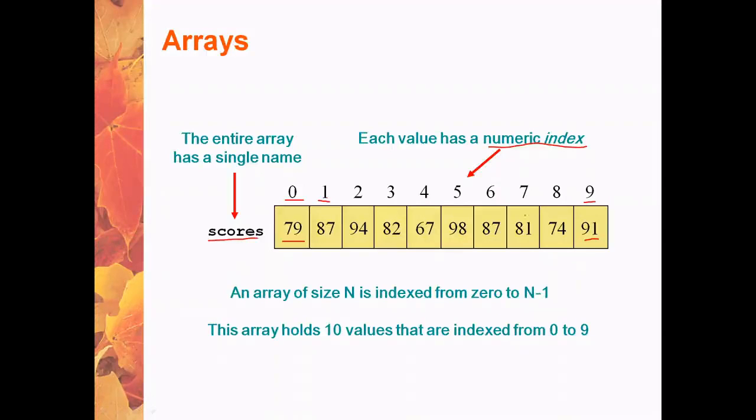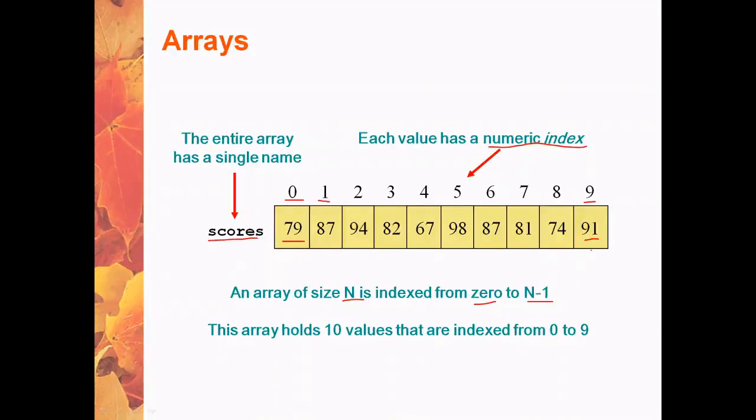See, in total we have 10 elements in this particular array, and the maximum index value for this is 9. As it is said, an array of size n is indexed from 0 to n minus 1.